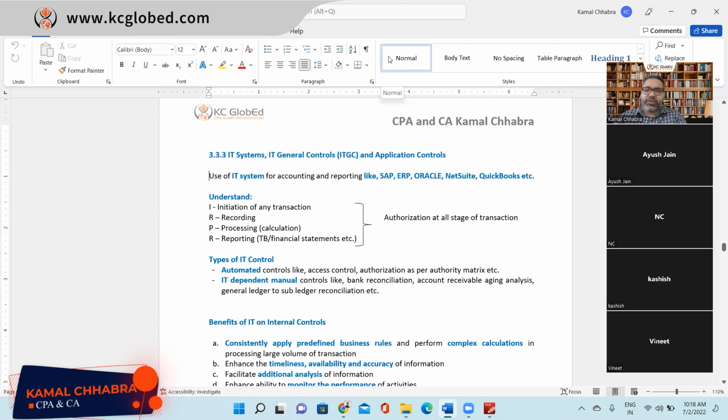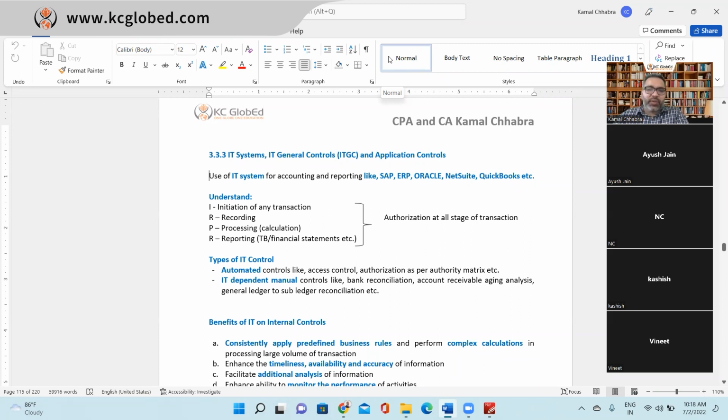So IRPR in short generally we call. I know some of you are working in Big Four, so you already know this terminology very well, but for the people who are not working in Big Four, I'm sure you might have studied this in your graduation days or in your professional qualification days, but this is just a quick refresher of what you have studied.